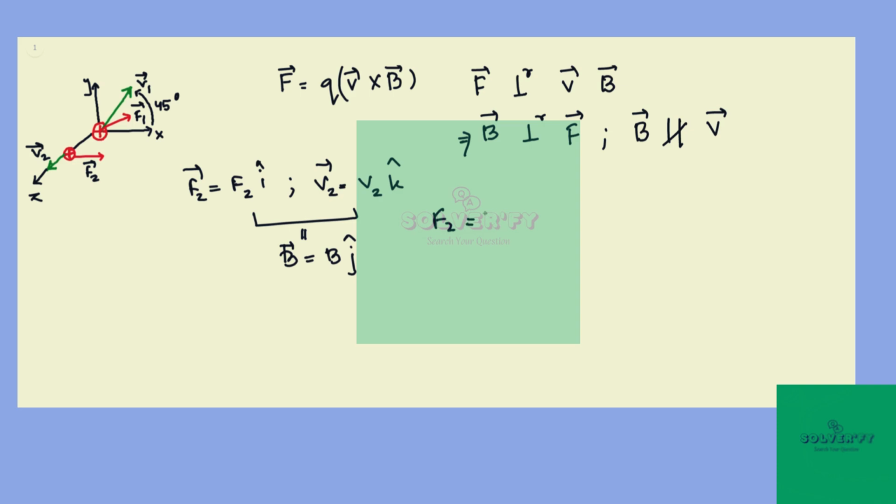So F2 is Q times v2 vector cross B vector. Let's find just the magnitude first. This gives the charge, the velocity, the magnetic field, and we have the direction k cap cross j cap.